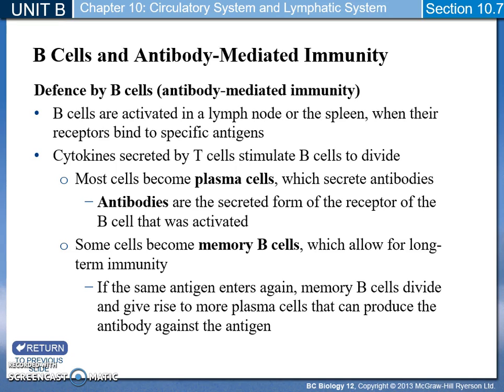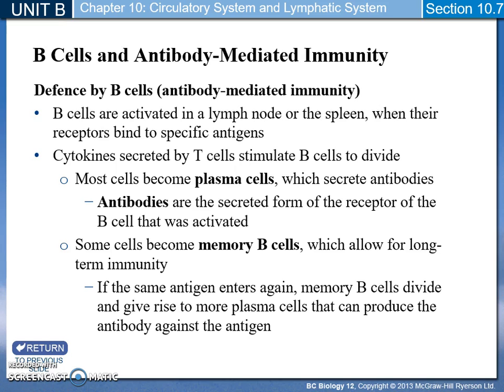And most of the B cells, when they divide, become plasma cells. And these secrete antibodies, and the antibodies are the secreted form of the receptor of the B cell that was activated. Some cells become memory B cells, which allows for long-term immunity.